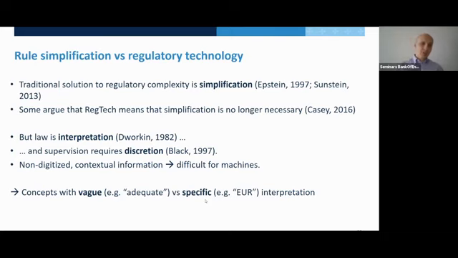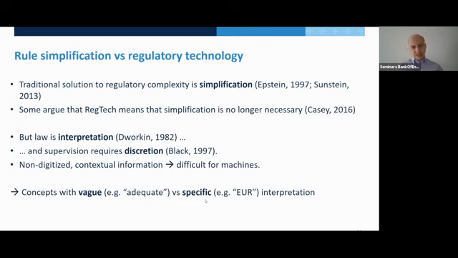So the traditional solution to regulatory complexity was simplification. However, some might argue that regtech means that simplification is no longer necessary, because what is difficult for humans is not necessarily difficult for machines.